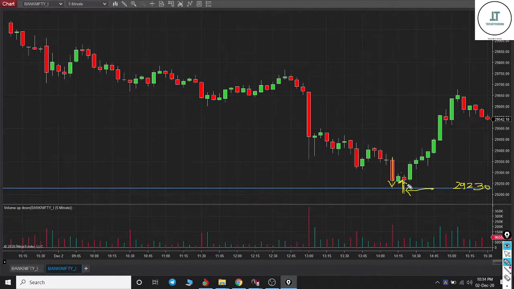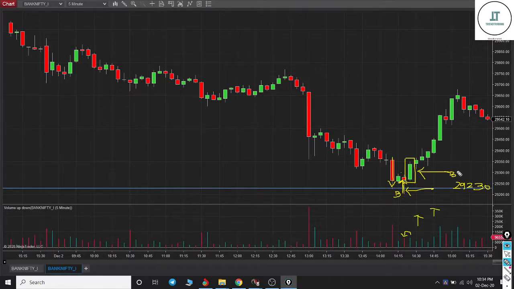This tells me that somehow buyers are trying to come in. And on the next candle, look at the candle formation. This is a bullish candle, and look at the volumes. When compared to the previous candle, it is increasing and price is trying to move upside.